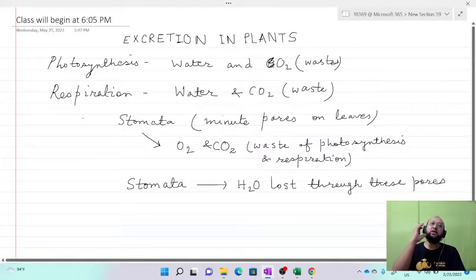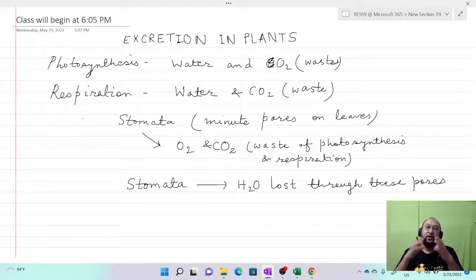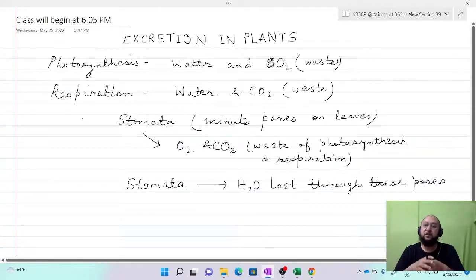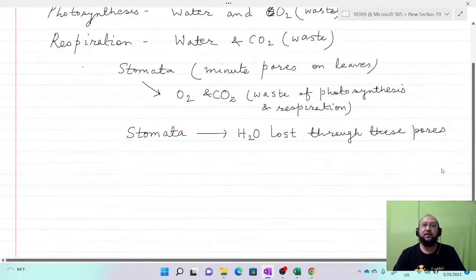So stomata plays an important role. This particular structure, present in the leaves and certain other green parts of the plant body, is involved in the exchange or elimination of gases produced as metabolic waste.